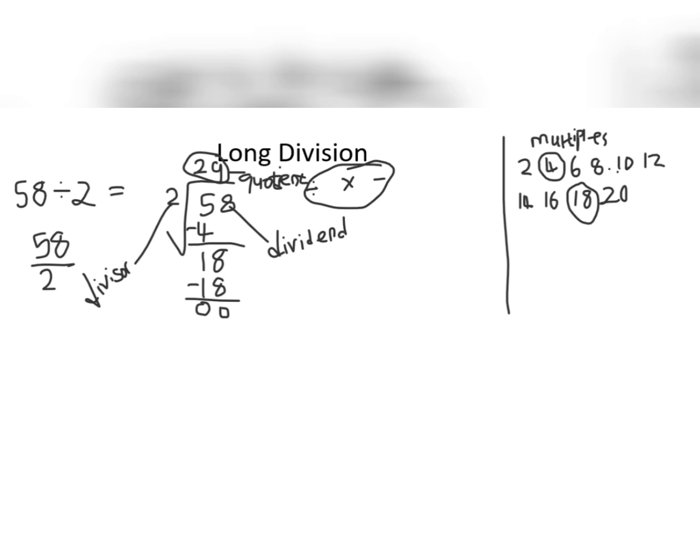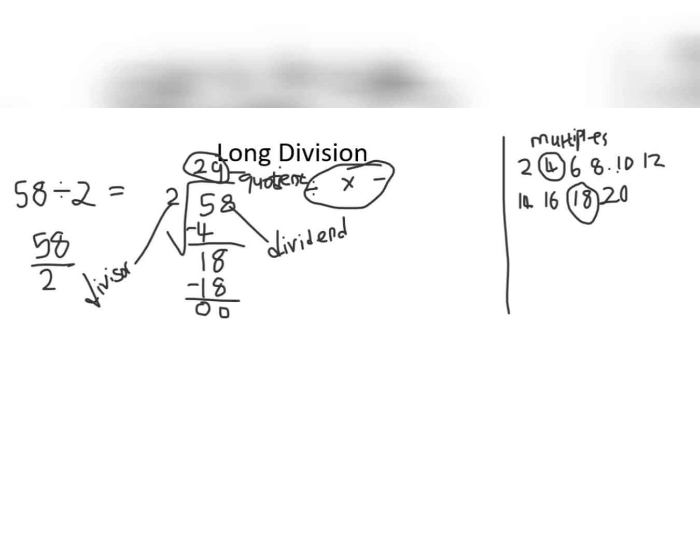So remember, the summary of it all is, when you're using long division, knowing the multiples is a very good advantage. So you need to expose the child to multiples of numbers. Don't let the child cram it. Just let the child know how to find the multiples of numbers.